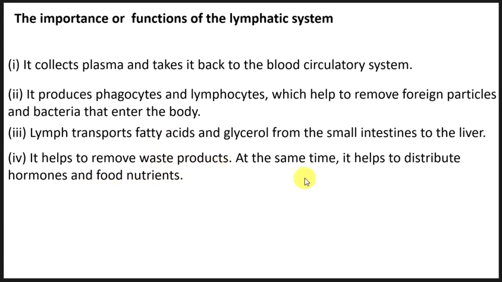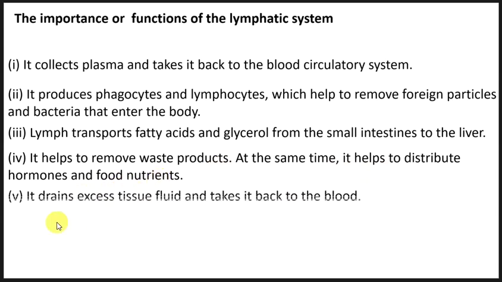At the same time it helps to distribute hormones and food nutrients. Then the other function is that it drains excess tissue fluid and takes it back to the blood. So any excess tissue fluid that may be found in the cells, in the tissues, is drained back into the blood.